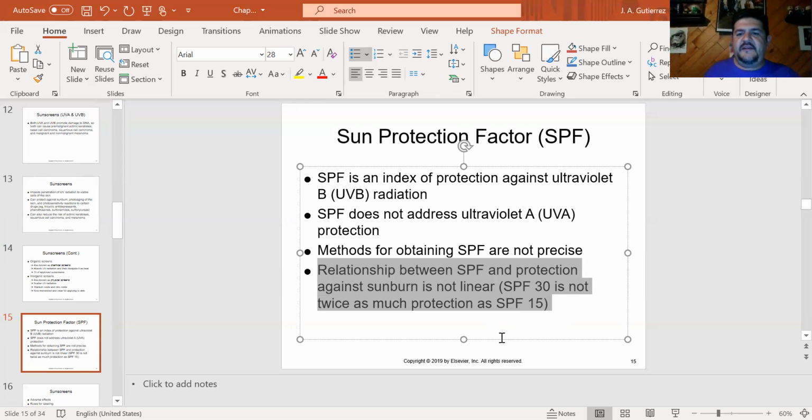So that means that a sunscreen with an SPF of 30 doesn't protect double what SPF 15 does. The only thing that we can tell the patient is, yeah, SPF 30 will protect a little bit more than SPF 15, but the protection is not double just because the number is double.